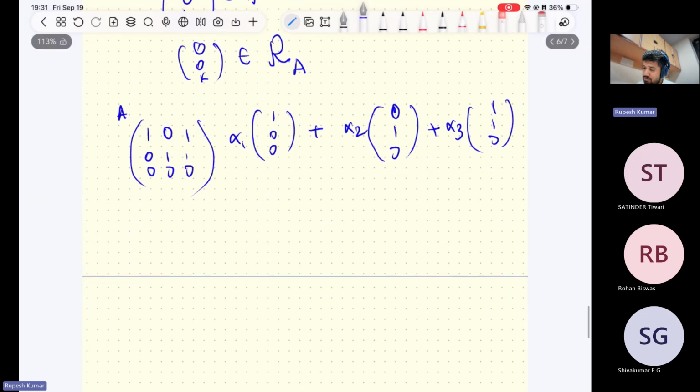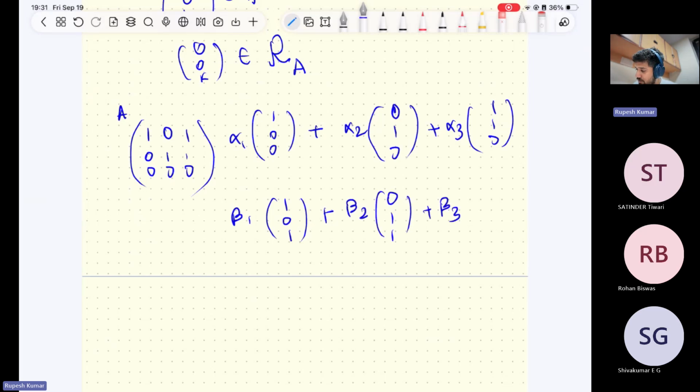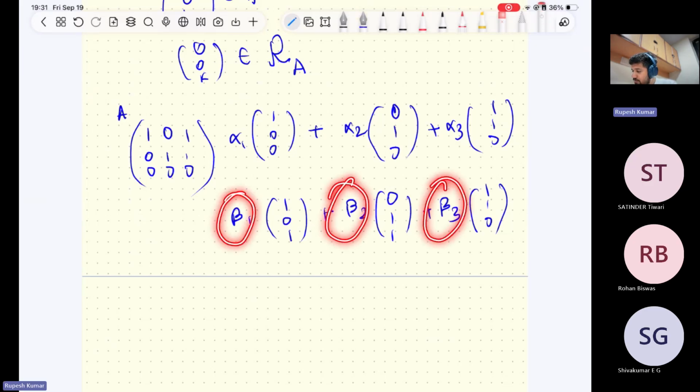Now consider the vectors beta 1 times 1 0 1 plus beta 2 times 0 1 1 plus beta 3 times 1 1 0. Can you see what I'm doing here? What are these vectors associated with betas? Anyone?